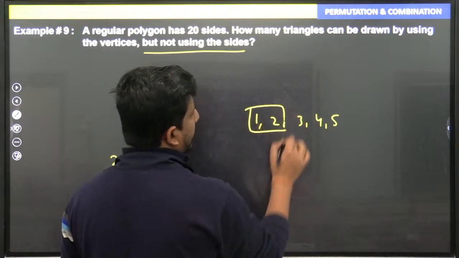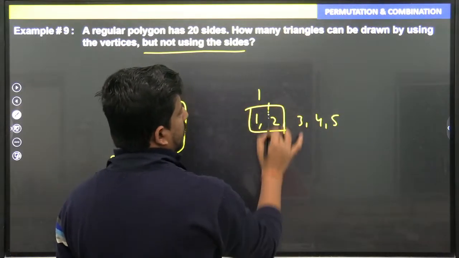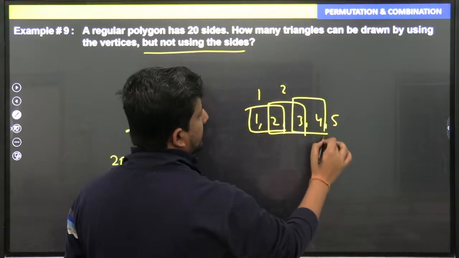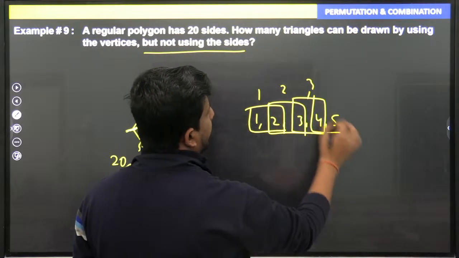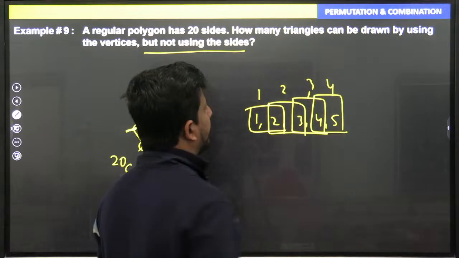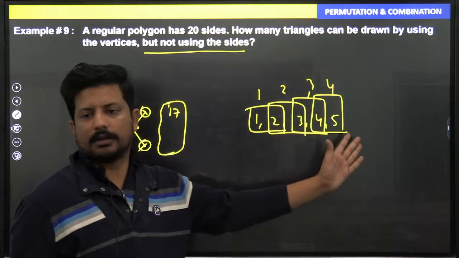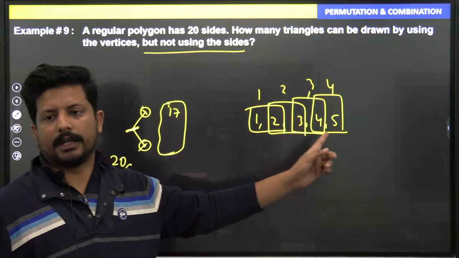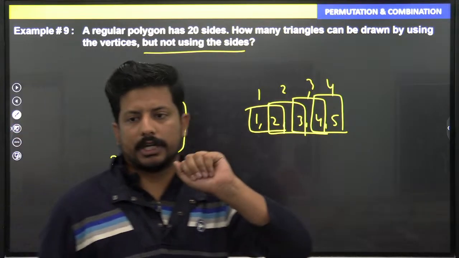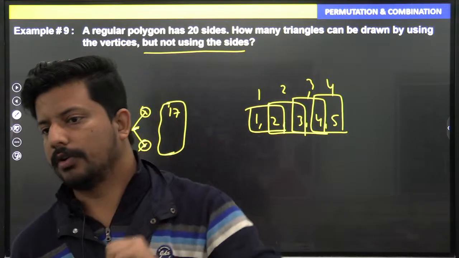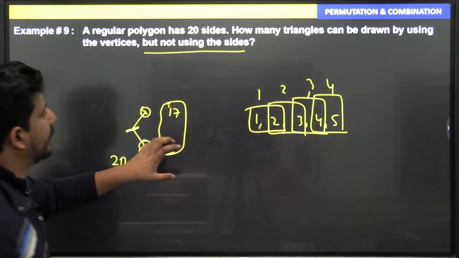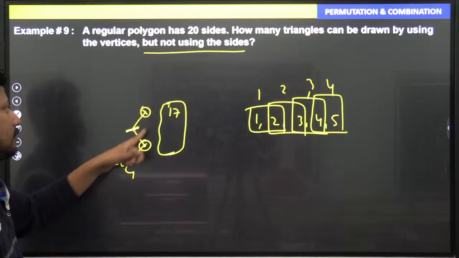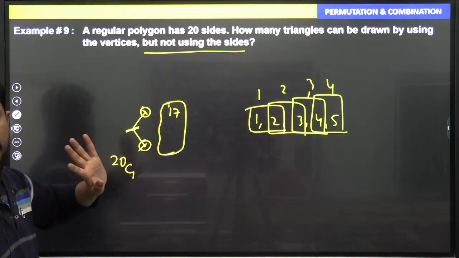Two consecutive like this, that is one method, like this, that is second, like this, that is third, and like this, so 4. If it is linear with 5 members, then selecting two consecutive can be done in 4 ways.